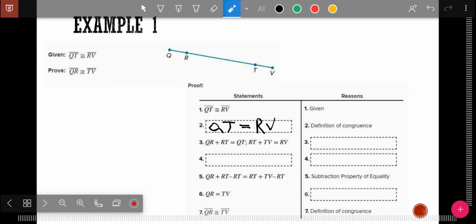Now, if I just look at the picture, what can I know from the picture? If I just look at from Q to T, just look at this part, then QR plus RT makes the whole thing QT, which is what they put here for the first thing.